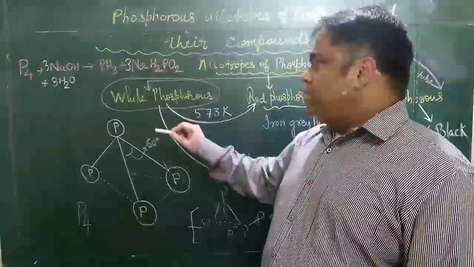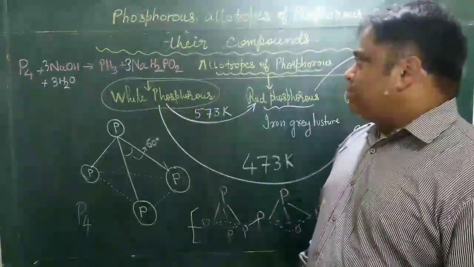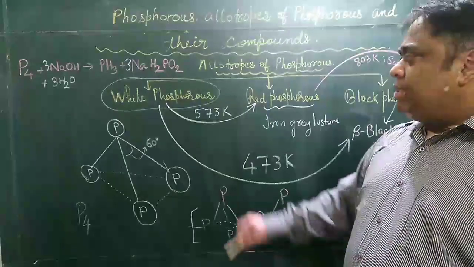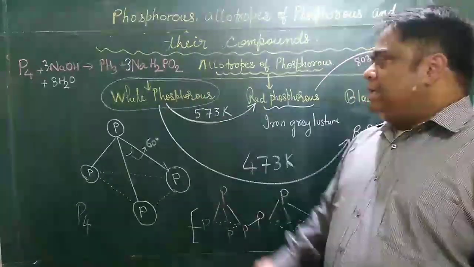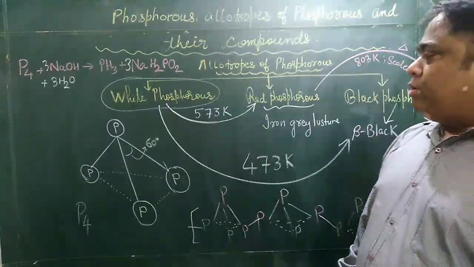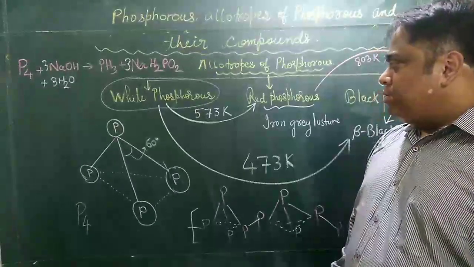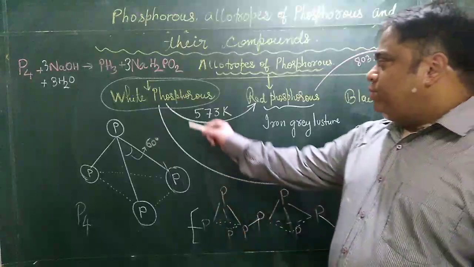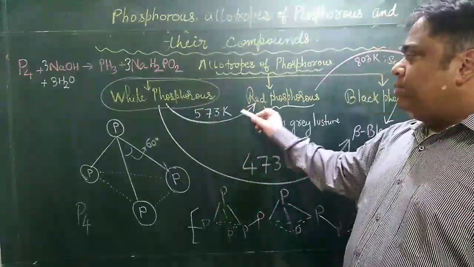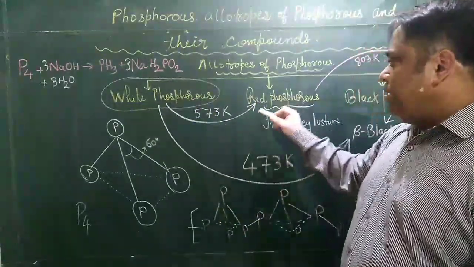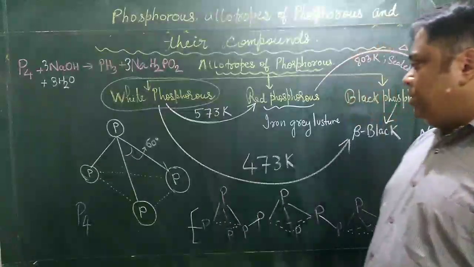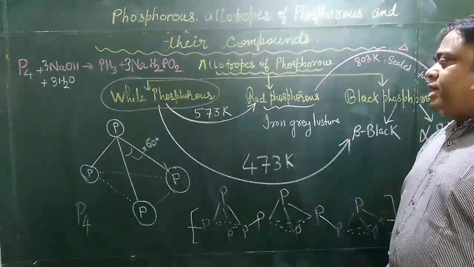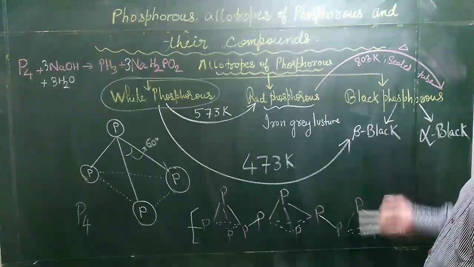Now white phosphorus can also have some allotropes. Allotrope means various forms of the same element. It could be natural allotropes or man-made allotropes. Red phosphorus is obtained when white phosphorus is heated at 573 Kelvin. When white phosphorus is heated further, it undergoes various stages of black phosphorus.